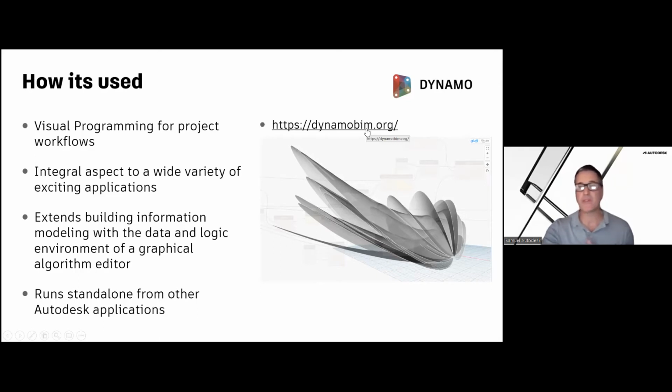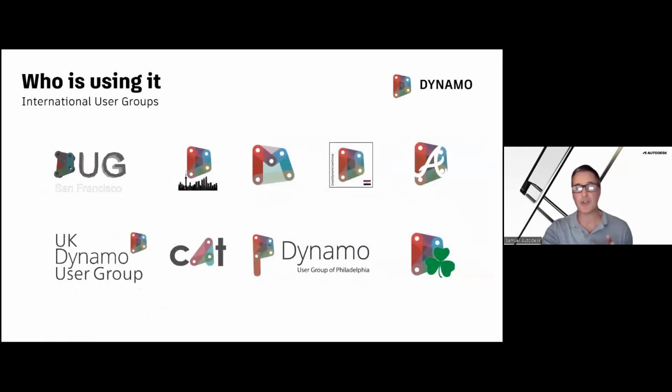However, this might not be for everybody. Like, you might want to start up with the Revit or the Forma workflows. If you're passionate, if you get hooked on Dynamo, what you'll find is there are a lot of user groups around the world. There's one here in Sydney, but you can see they're in San Francisco, Seattle, Philadelphia. So there's a lot of passionate users out there.